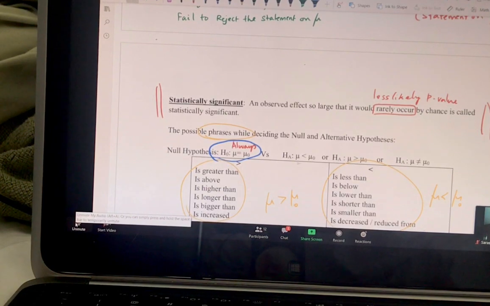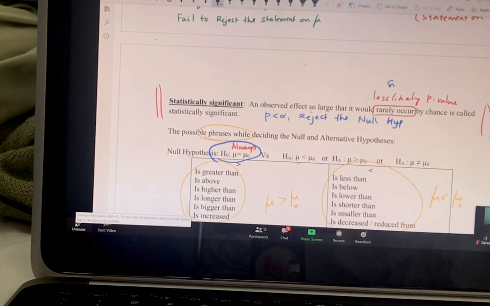If the p-value is less than alpha, then you reject your null hypothesis. That's what we call statistically significant: less likely p-value, or smaller the p-value.